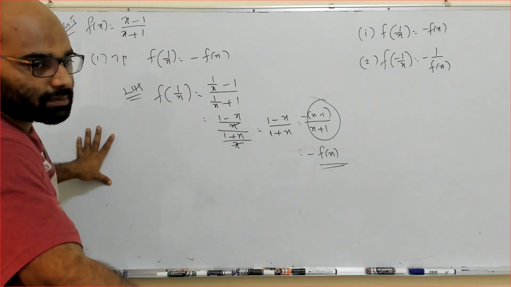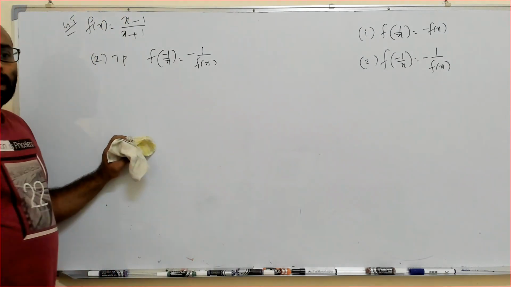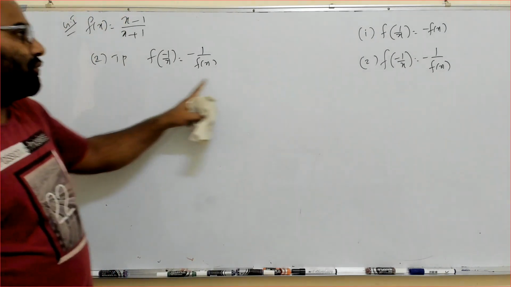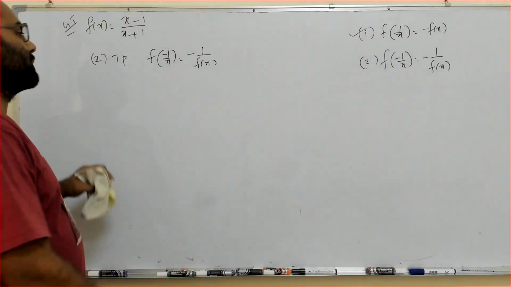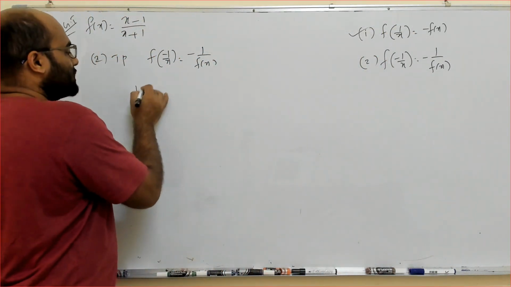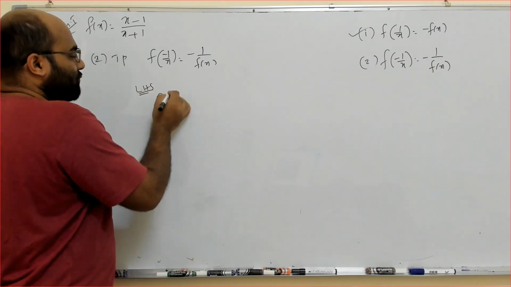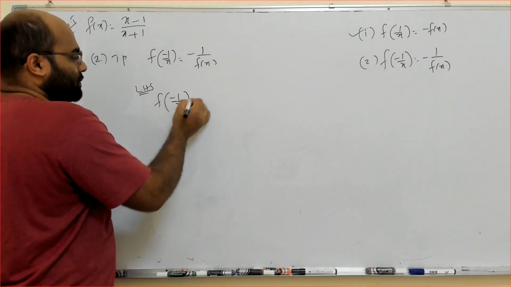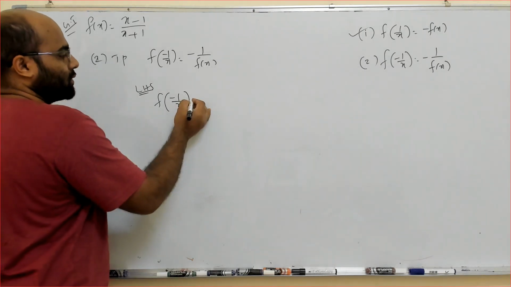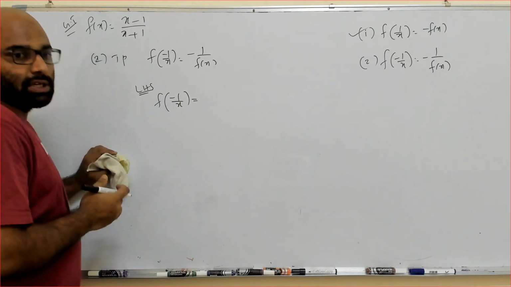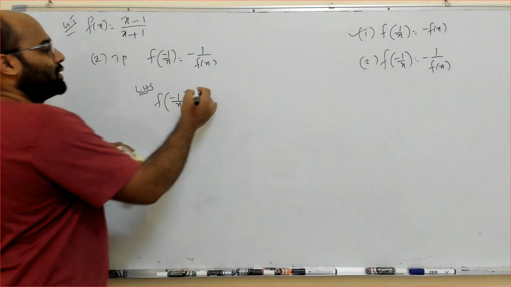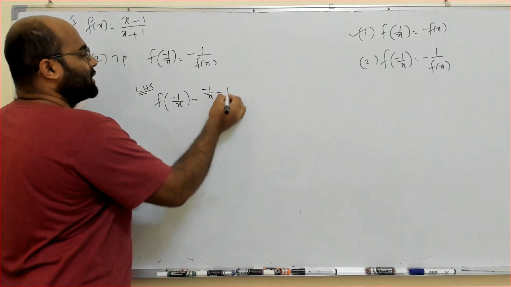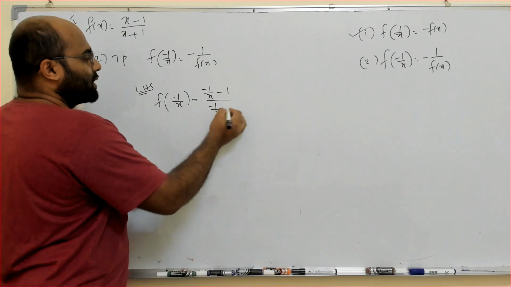Now the second part. We want to prove f of minus 1 by x equal to minus 1 by f of x. LHS part, f of minus 1 by x equal to, moving a little bit quickly because I want to cover maximum questions, same method everywhere. So minus 1 by x minus 1 by minus 1 by x plus 1.